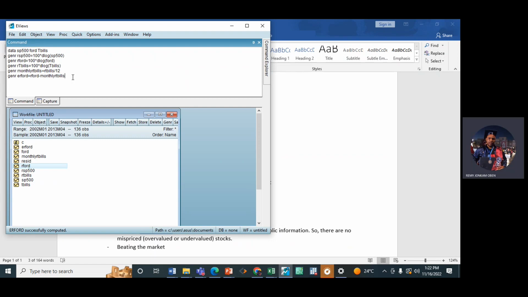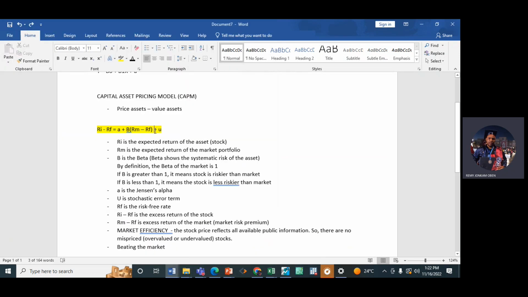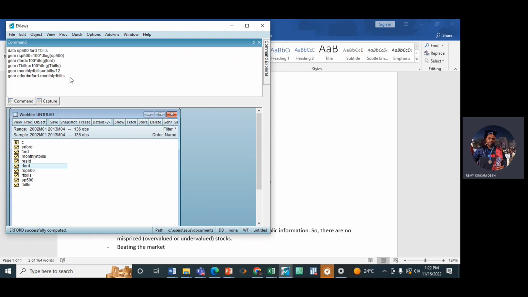So I should also get excess return of market. Look at the formula. What's excess return of market? It is the expected return of the market minus the risk-free rate of return, right? So on eViews, I should generate expected return, what was the market?